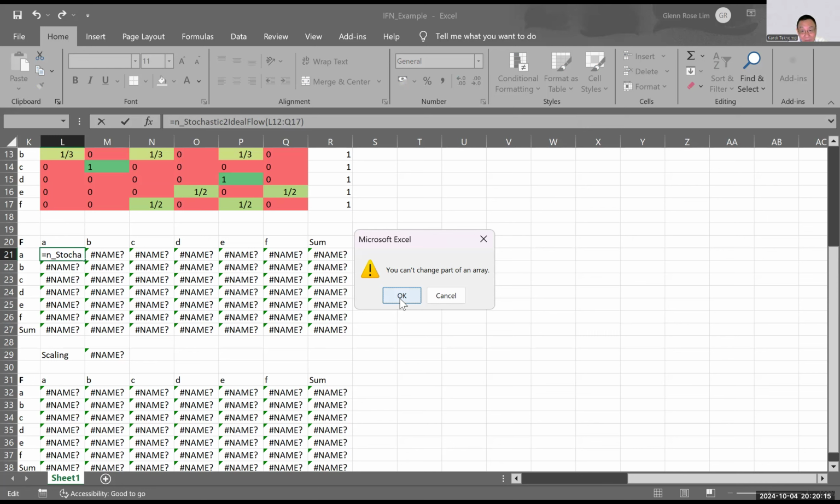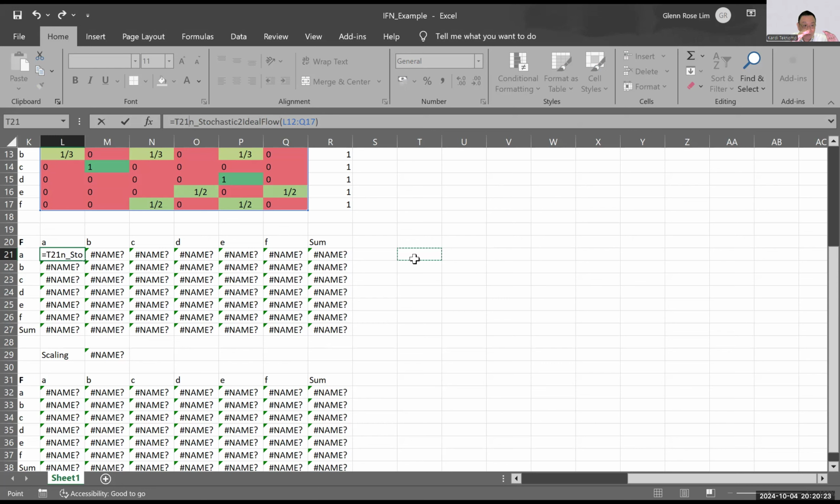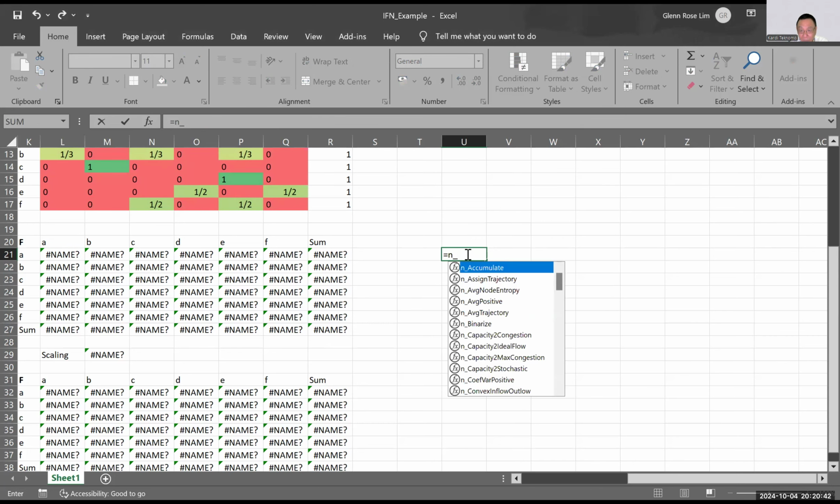Or you can try this in any cell that you did not put anything in, because if you have an array, you cannot change that, so you need to delete first and then type. You can put it in any cell, for example in U or V there. Escape first, and then go to U or V, and then enter. There, it's working.